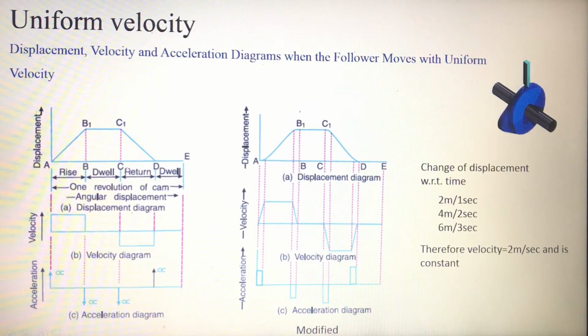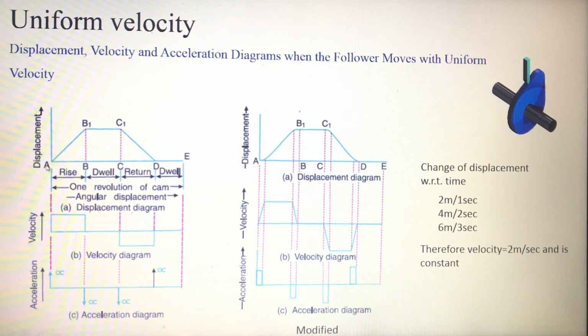This is related to the follower motion. I'm talking about follower motion, not about the rotation of the cam. Only the displacement of the follower. Now A to B1, it is rising from the initial condition to the maximum condition, that means the stroke.